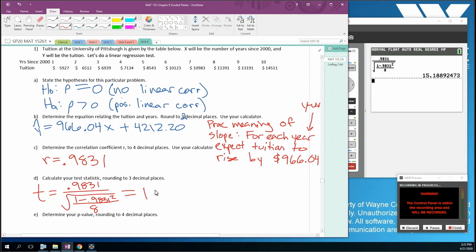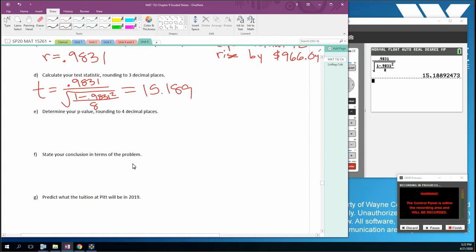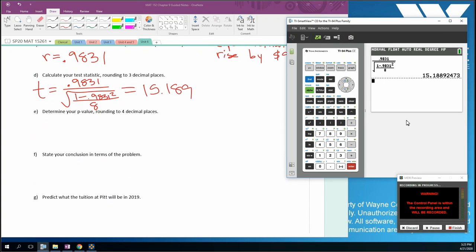So if we want to determine the p-value, the p-value is basically going to be 0. But let's do the tcdf. So 15.189. So we reject the null.